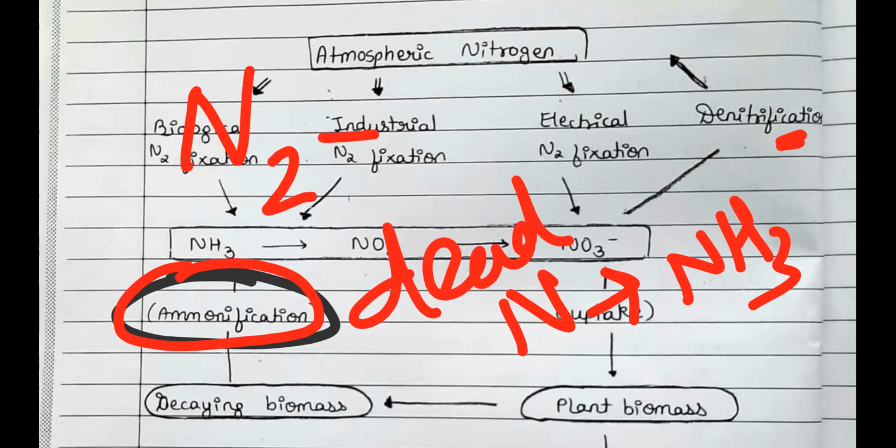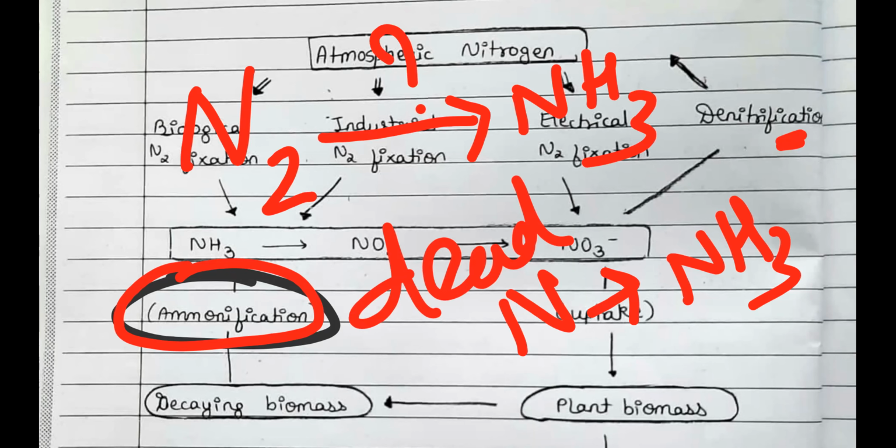Atmospheric nitrogen that converts into ammonia, can you tell me this process name? What should I call it? Nitrogen fixation. Yes, correct. Remember the difference between these two. When atmospheric nitrogen converts into ammonia, we call it nitrogen fixation.